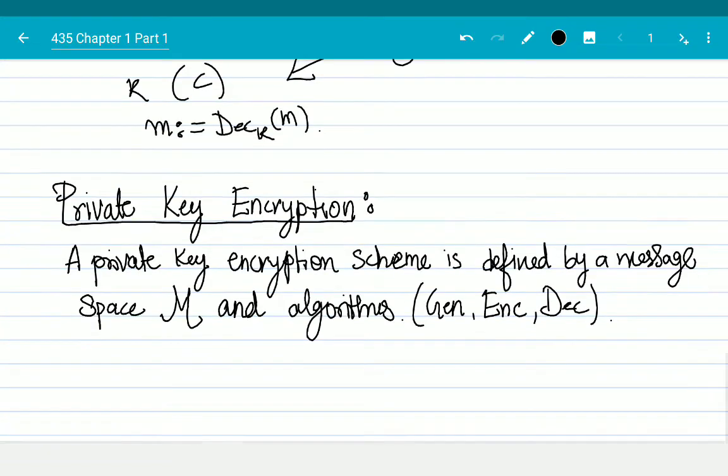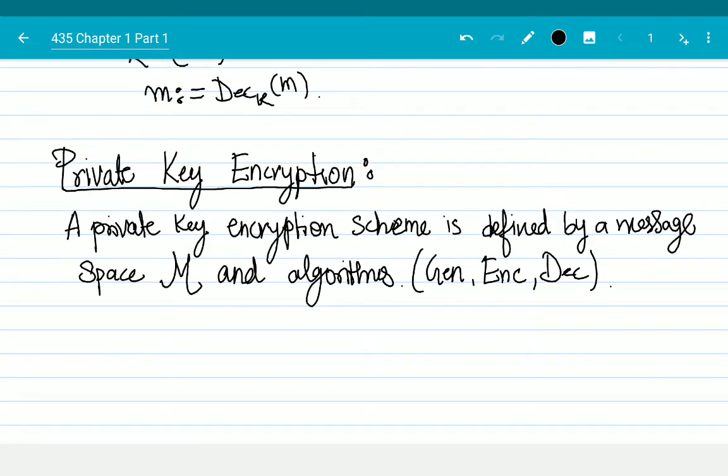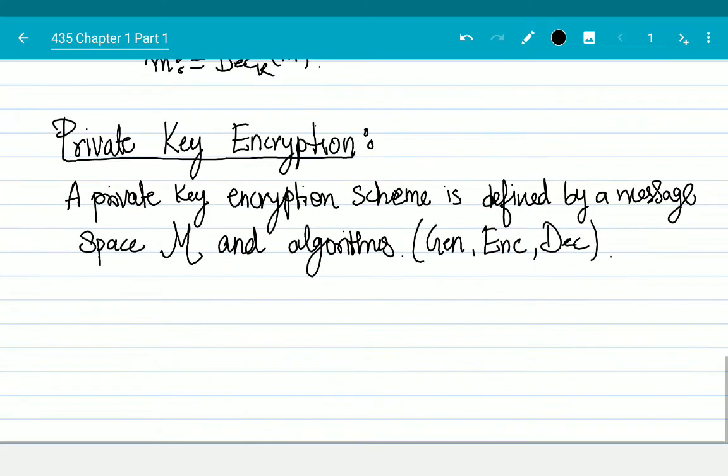So far, I have in a way written down what encryption and decryption is. Let us talk more about all of them in general.